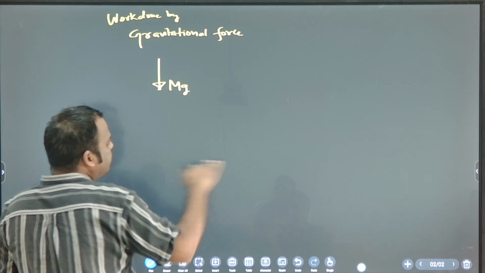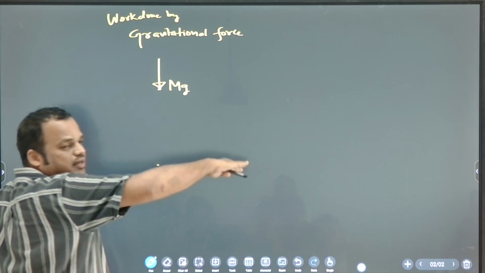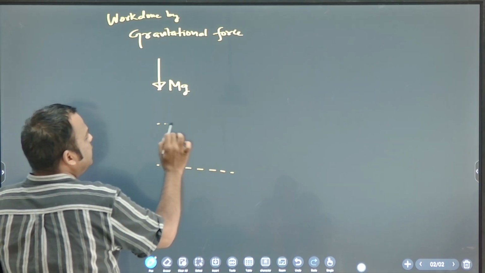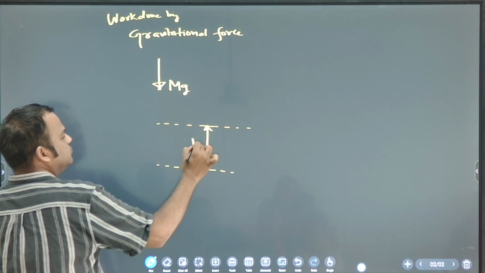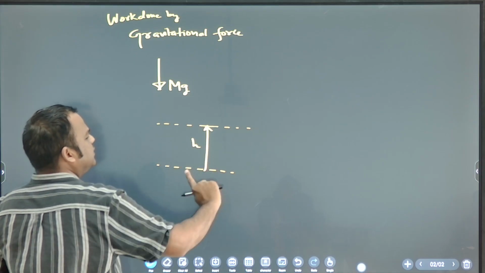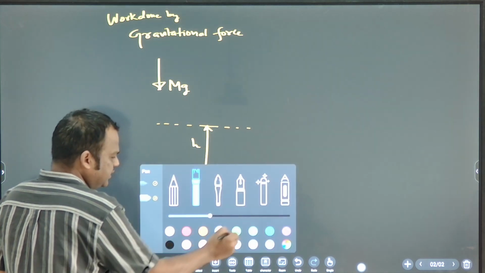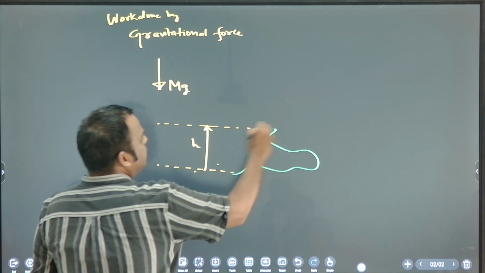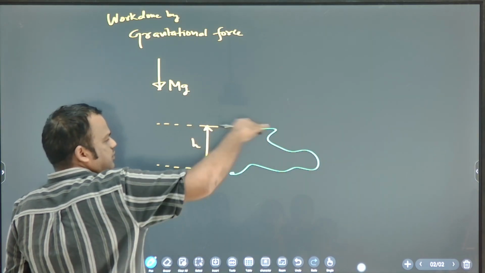So level you see, suppose this is the present level. Initially particle is in this level, and finally it is in this level. So you just calculate h, whether particle is going like this or like this. The path can be anything, a random path. You see the level.